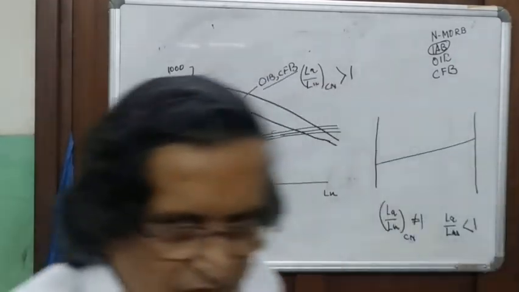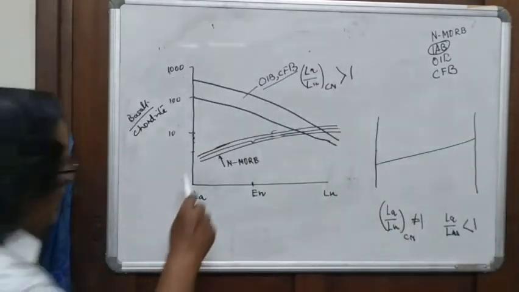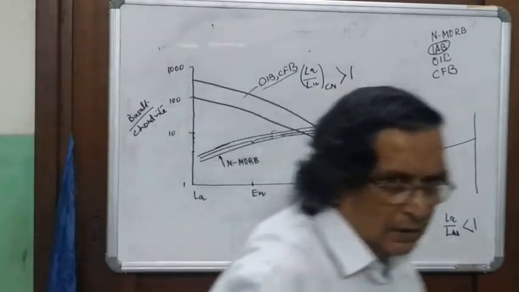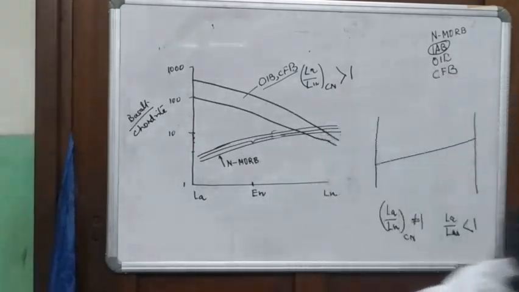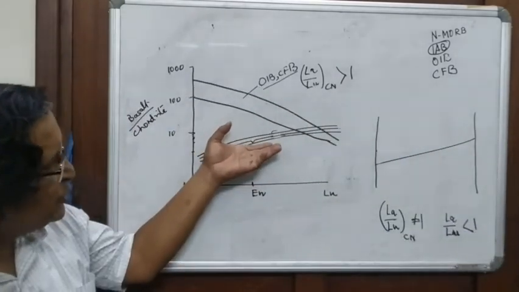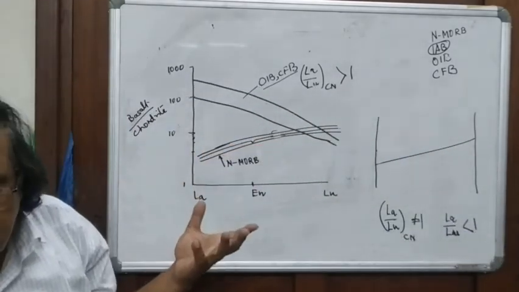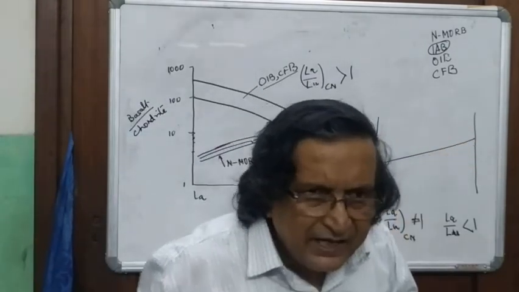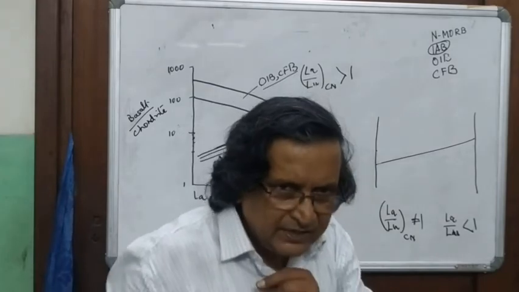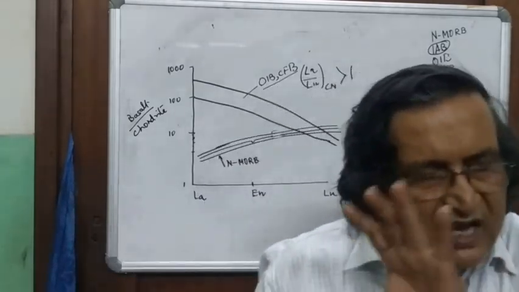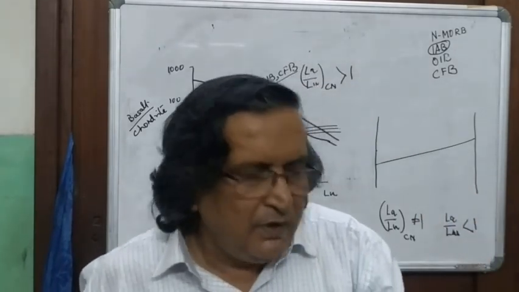So that means, can you conceive if your normal MORB would require two stages of melting? Here when you produce it, you did not use a mantle with La by Lu equal to 1 chondrite normalized. You started with La by Lu not equal to 1. This I leave it to you. Okay, thank you.